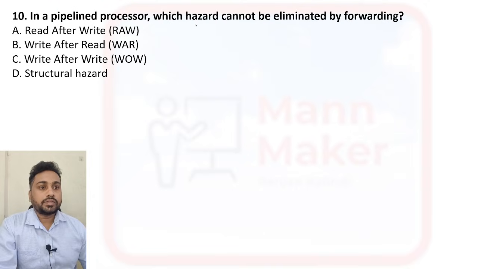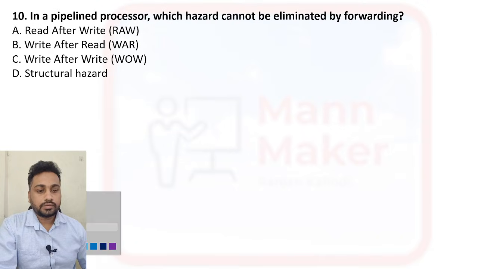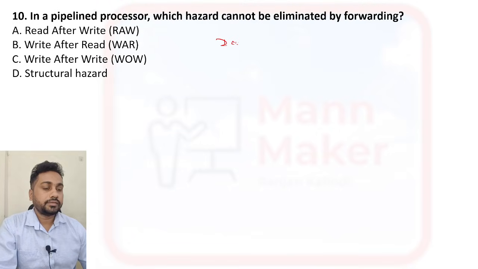In a pipeline processor, which hazard cannot be eliminated by forwarding? Okay. When we talk about data hazards, again we have three types.